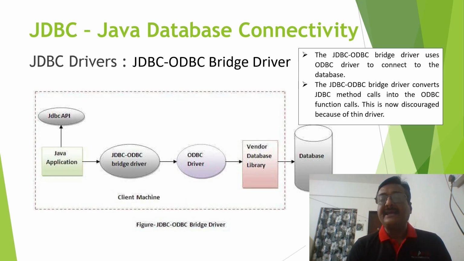It means for as many types of databases as we are supposed to connect with our application, that many JDBC-ODBC drivers we need to install at the client side, and each database will provide an ODBC driver and its library for different types of routines. So this is how the communication can be performed between the Java application and your database.